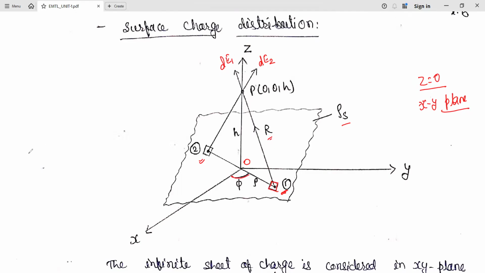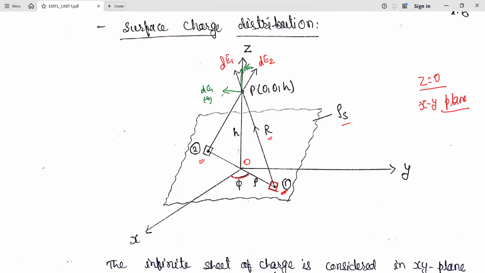So now if you try to resolve the component of dE1, it will come like this. This is the dE1 along the z axis. And this will be again opposite. This will be for the dE1. So which direction will that be? This will be the negative a y.